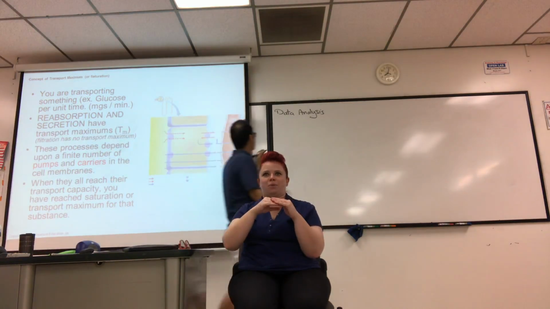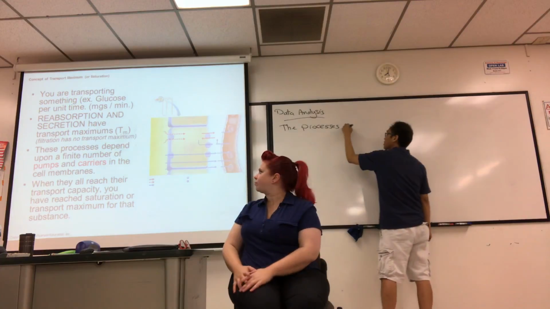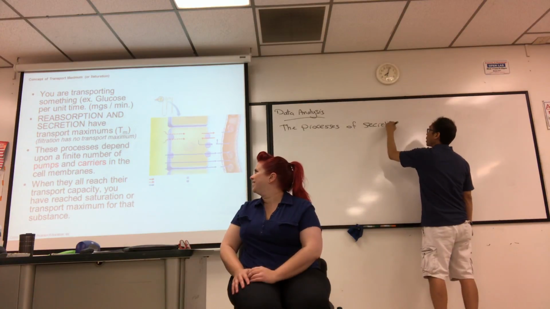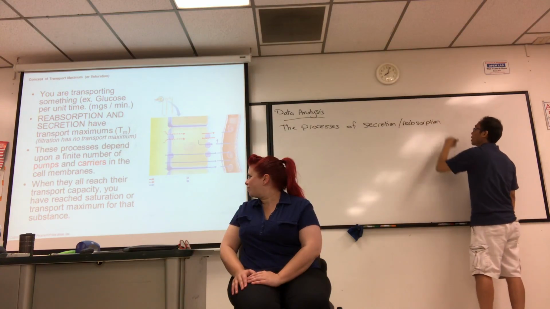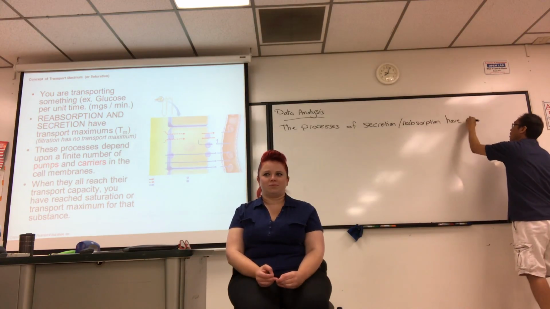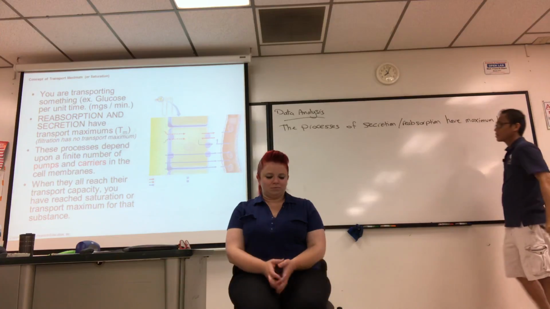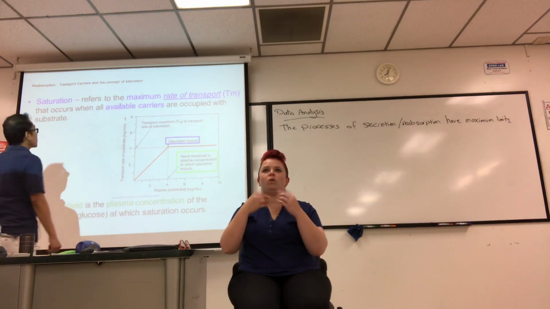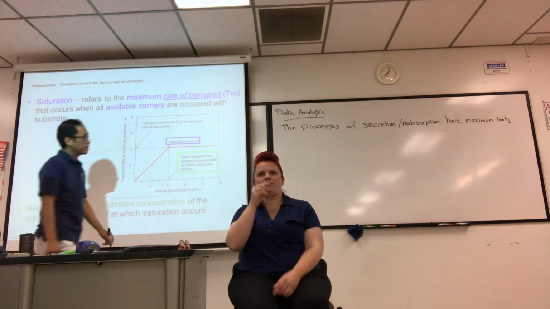So the processes of secretion and reabsorption have maximum limits. When you reach that maximum limit, that's called saturation: the maximum rate of transport that occurs when all the available carriers are occupied.